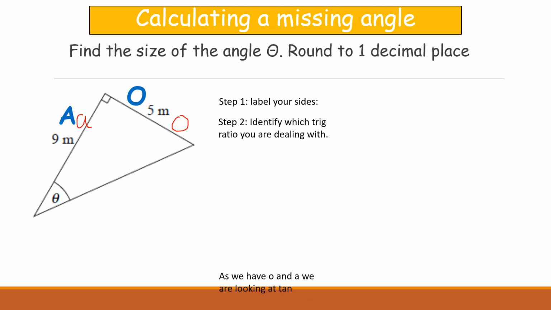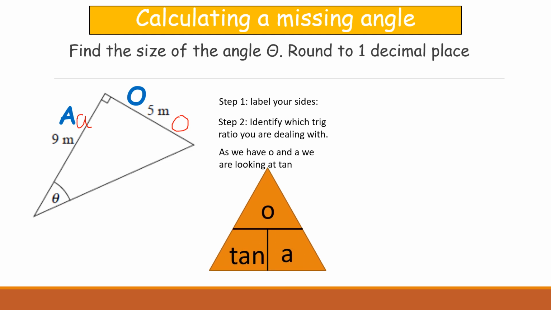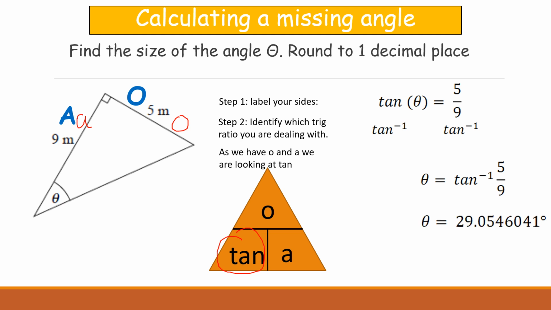We're dealing with tower, so I'm going to put the tan pyramid again, but this time I'm trying to work out the angle. So I'm going to write tan of the angle is equal to 5/9, which is O divided by A. So I do tan minus 1 of 5/9, which gives me 29.05, so 29.1.